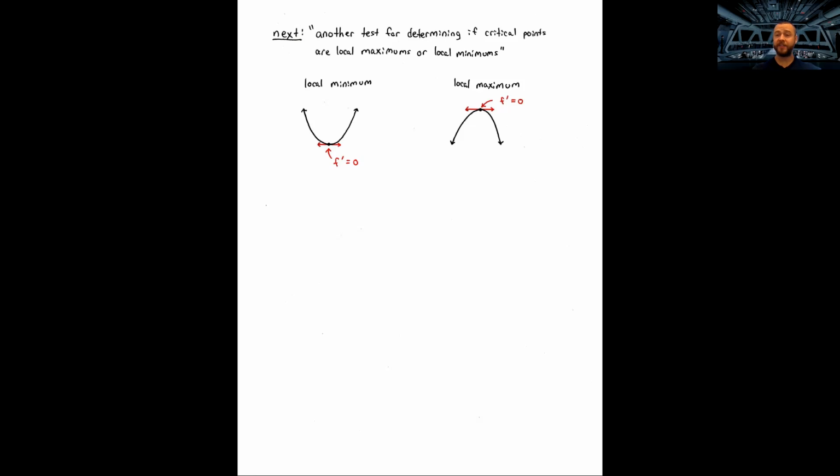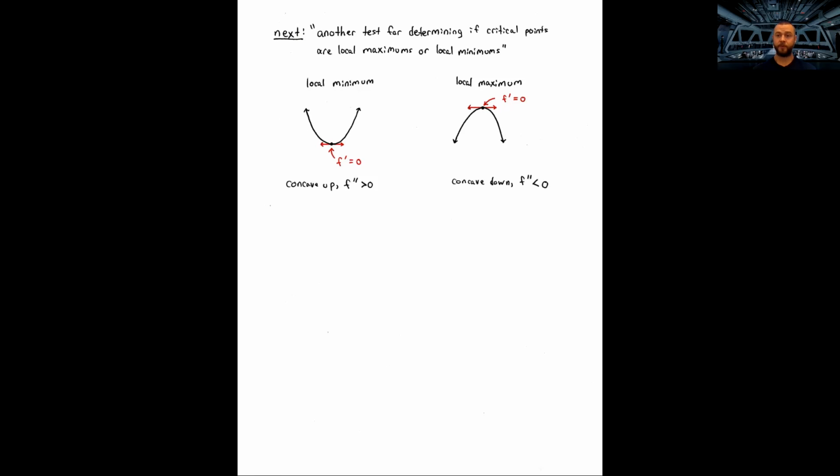All right, now how do we tie this into what we're talking about now? What does the second derivative tell us? Well, let's keep in mind the second derivative tells us about concavity. And what we can see here is on the left, for the local minimum, that shape or graph is concave up.